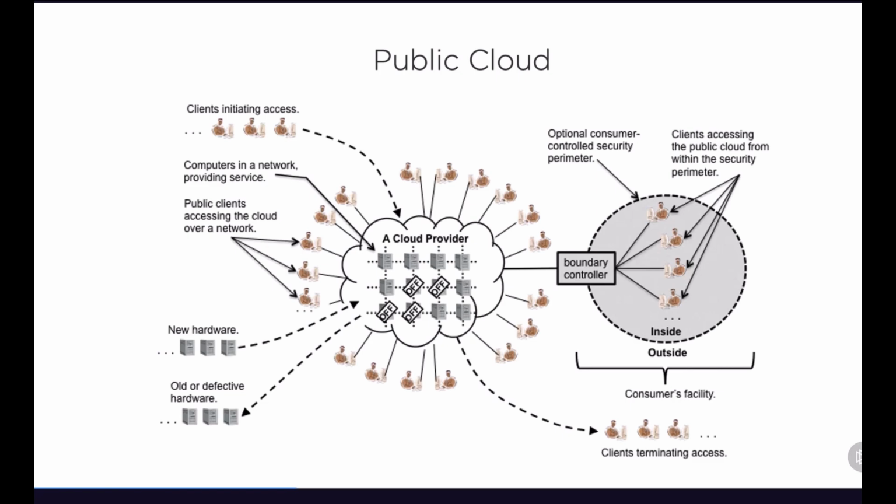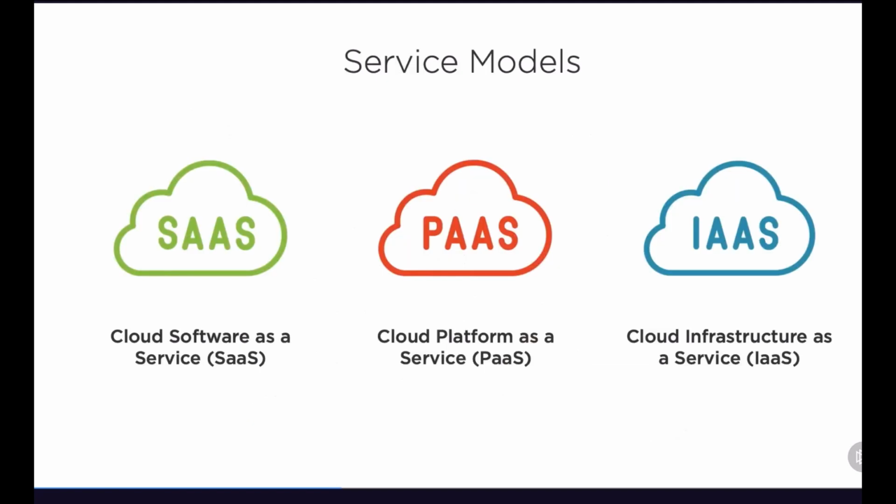They have, of course, the need to provide proper security and isolation. And this is where very often we put up that security perimeter. That is where we can control access from our building to, say, the cloud service providers. So this is a high-level overview of initiating, terminating, maintaining access, the relationships between the various entities.